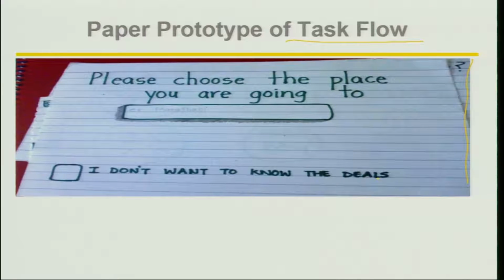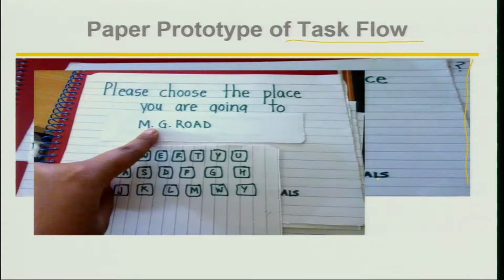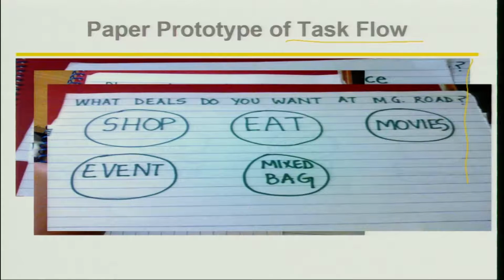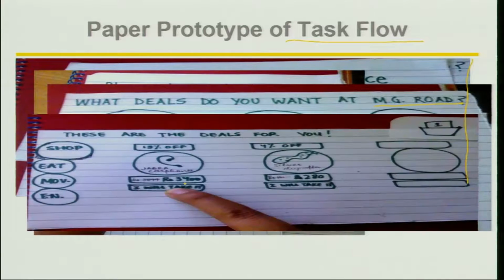Then through interactions, and this would be used in a usability testing, through the interaction of a usability testing, you give them the alternatives, again done on scraps of paper, and then they're typing it on this make-believe keyboard, and then presenting the different alternatives based on they've selected MG Road. What are the different alternatives? And then the user would point to something as if they're clicking on it, and then the next screen comes up.